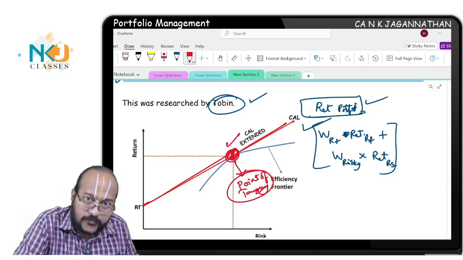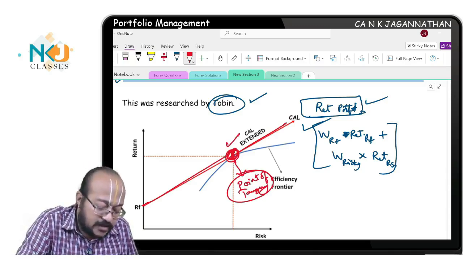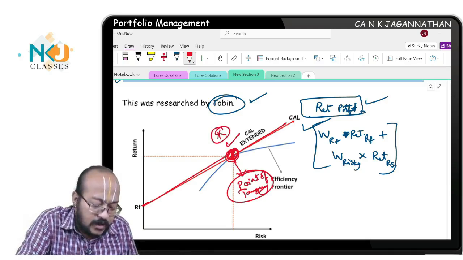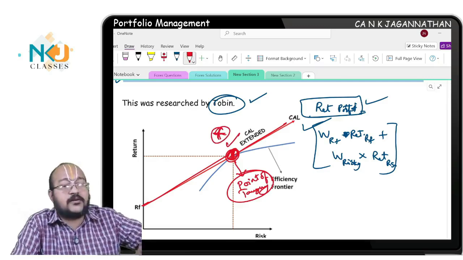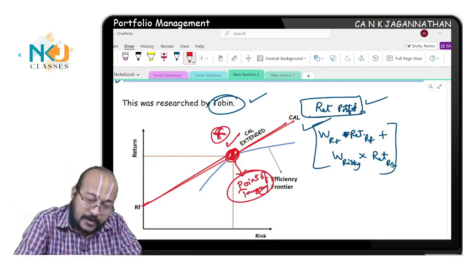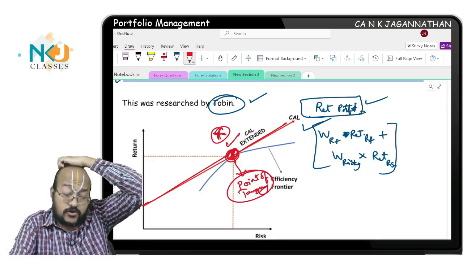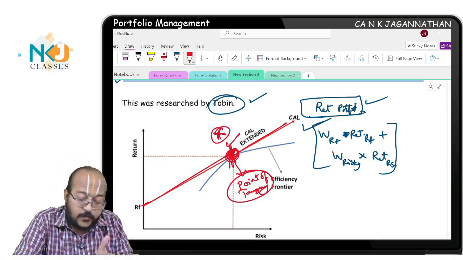This is called the point of tangency. At this point, assume there is a portfolio X. Agreed? This portfolio X will be indifferent: the risk and return of this portfolio will be equal as per the capital allocation line and as per the efficiency frontier also. Are you all understanding?